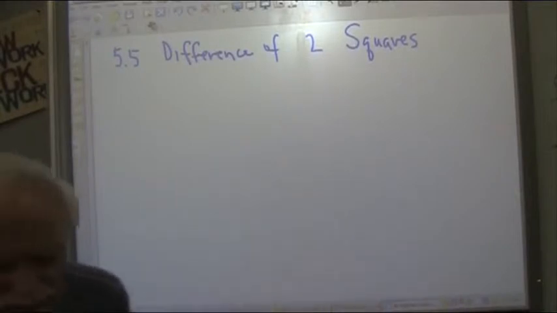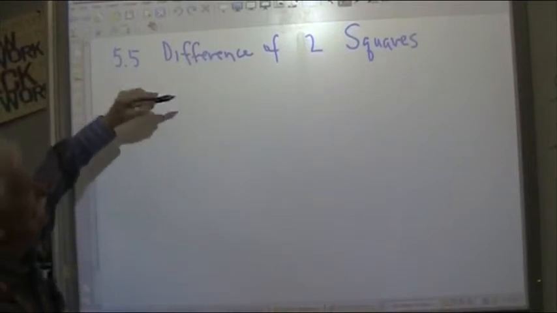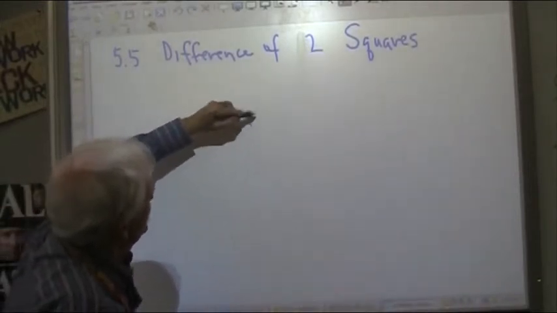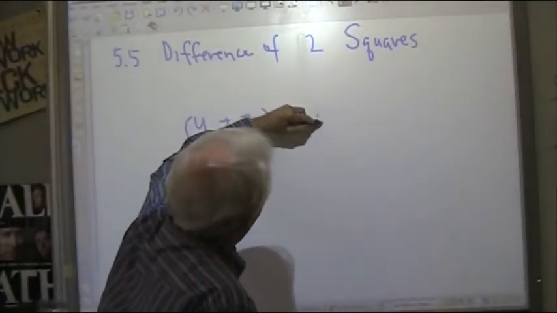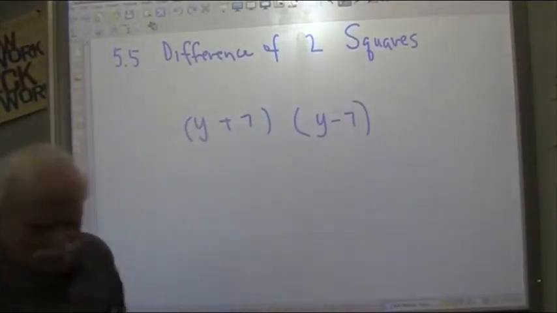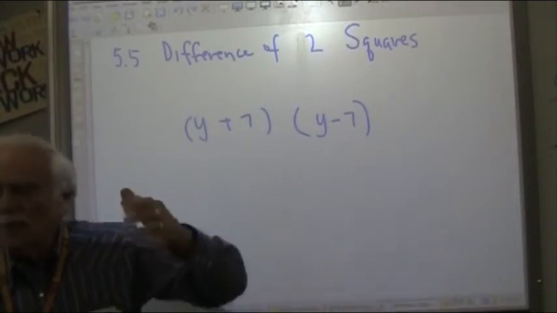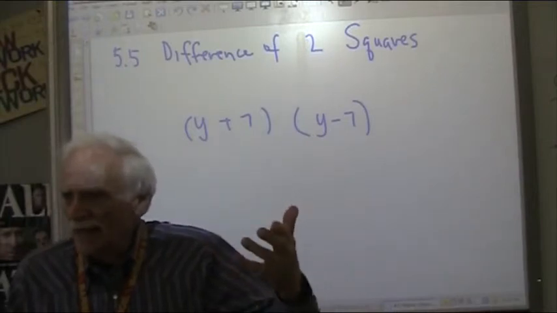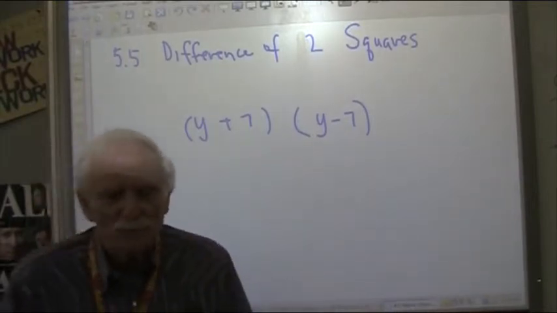So ladies, let's take a look now at a particular problem: y plus 7 times y minus 7. For the purposes here, I'm going to explicitly put the O and the I because we want to learn a process.